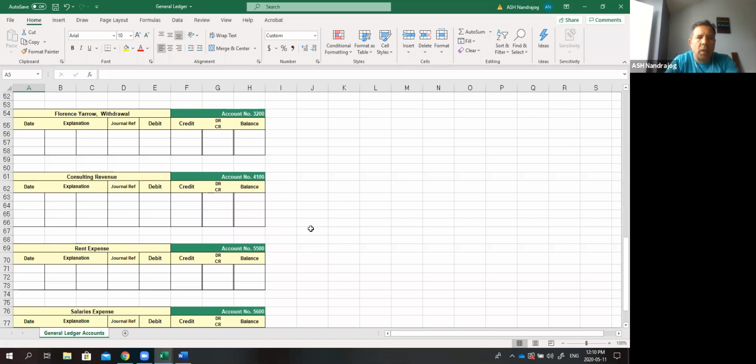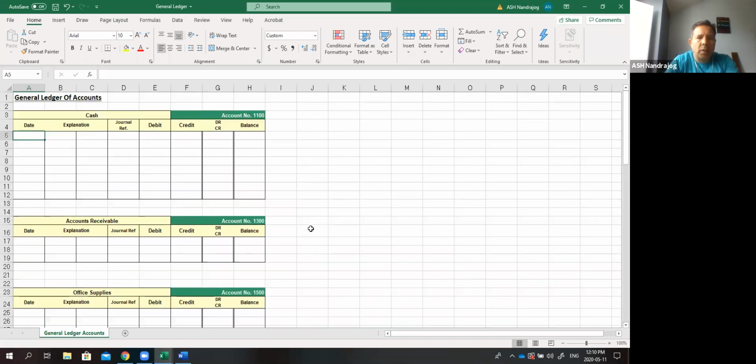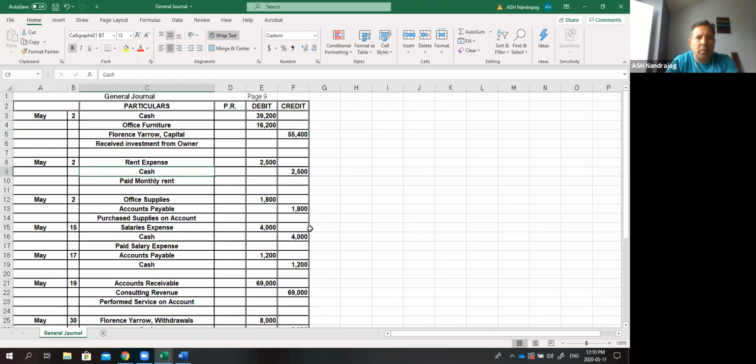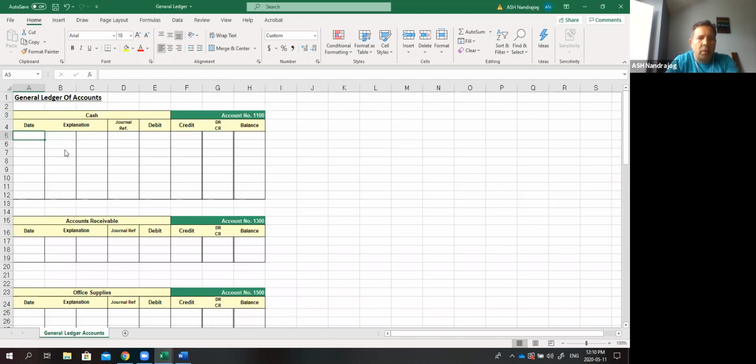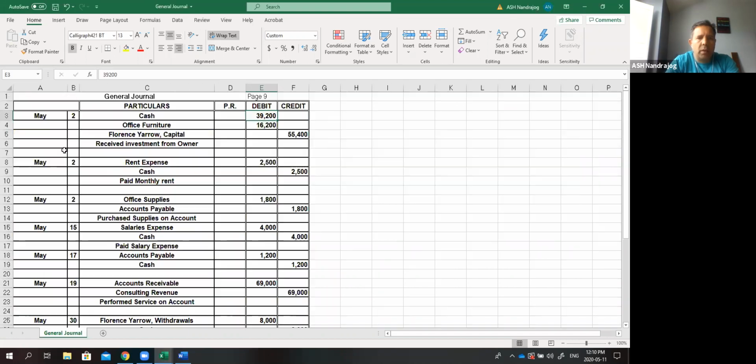These are the accounts in which we have to post the respective entries. So let's go to the first journal entry and see what needs to be posted. We have cash of 39,200 debit. So we go to our ledger and, first, the date is May 2nd.